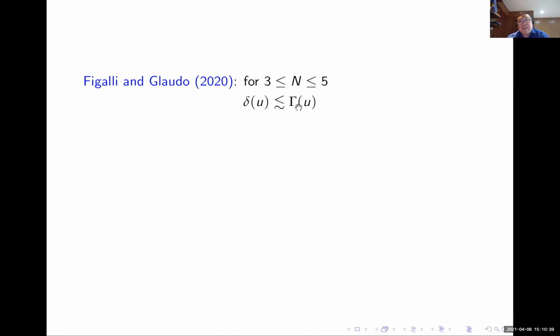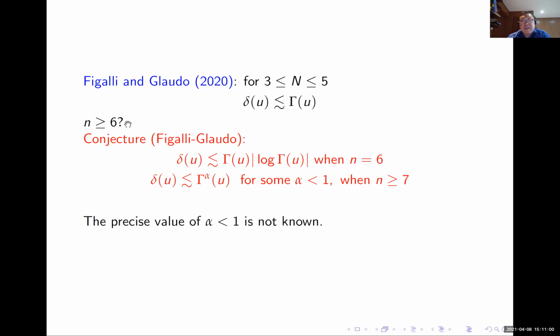If your Euler-Lagrange equation goes to 0 weakly, then the distance between your function and the sum of Talenti bubbles can be controlled linearly by this Euler-Lagrange quantity. That holds for dimension n less than 6.